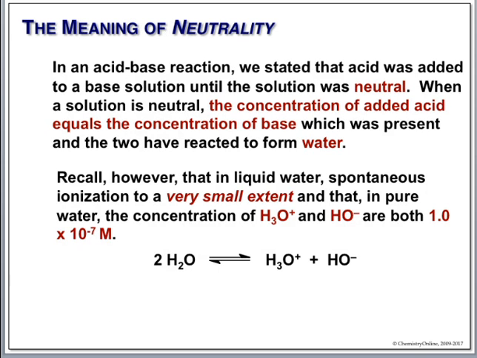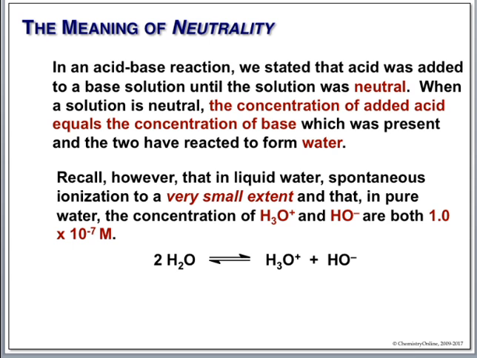All right, well, we just made a solution of water by taking a strong acid and a strong base. But we know that if water sits there by itself, it will spontaneously generate hydronium and hydroxide. But these are always in exactly equal concentrations.